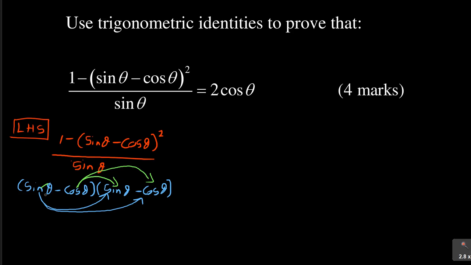So if I do that, the first one I will have sin squared theta, and then I will have minus sin theta cos theta, and then after that I will also have minus cos theta sin theta, which is the same as, you can write it to match the first one, minus sin theta cos theta, plus the last one is cos squared theta.